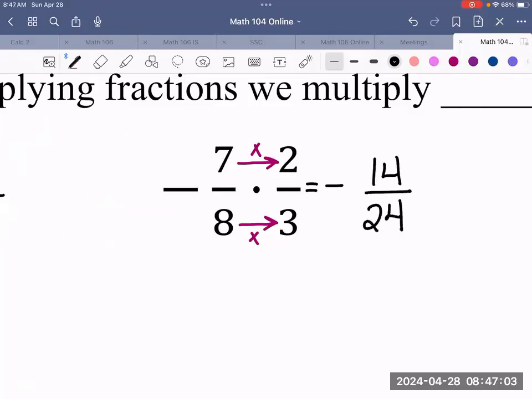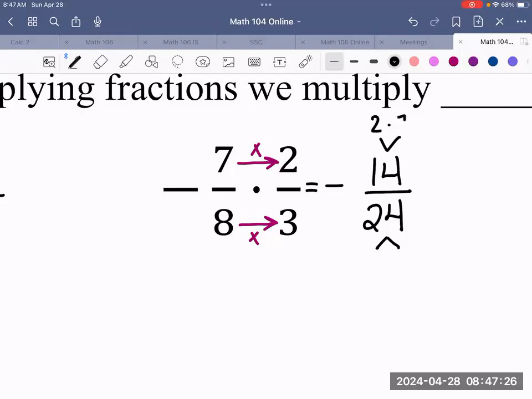Now in this case, this is a little special because what do 14 and 24 have in common? So we can do this by breaking up your 14 and your 24 by some factors, making a little factor tree. But good rule of thumb, if they're both even, we can determine that they both have a 2 in common.